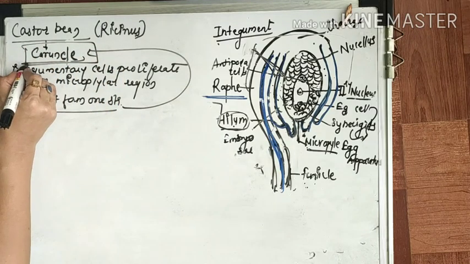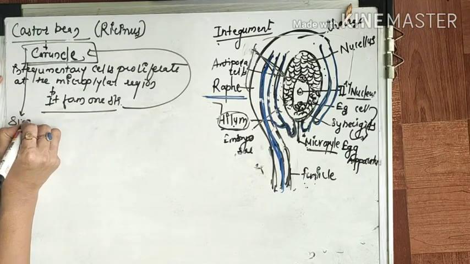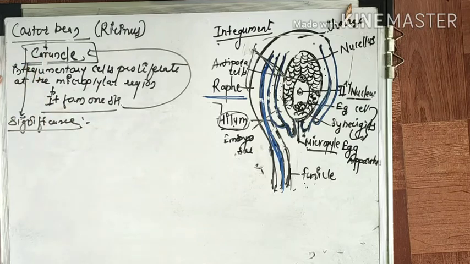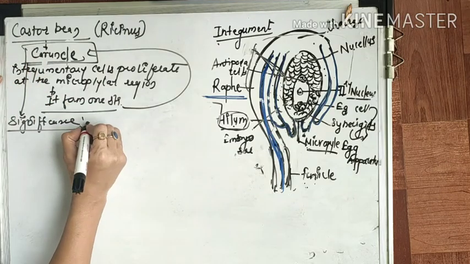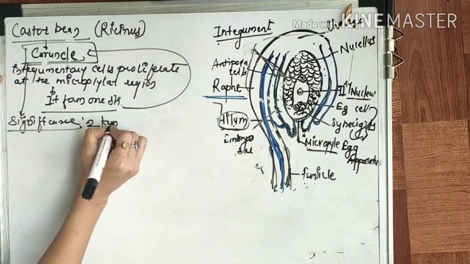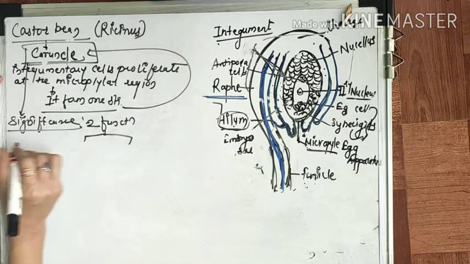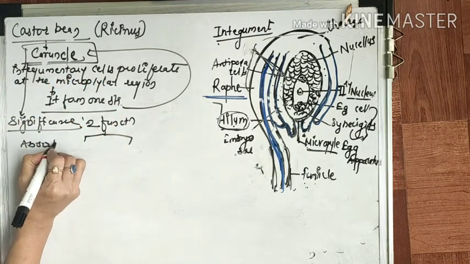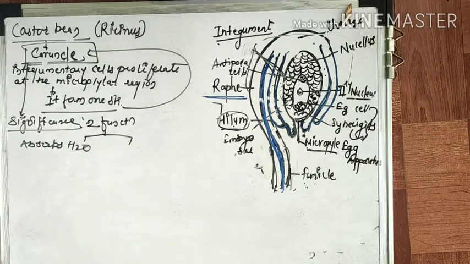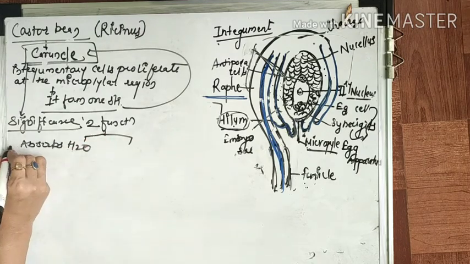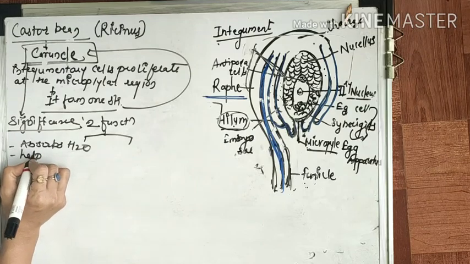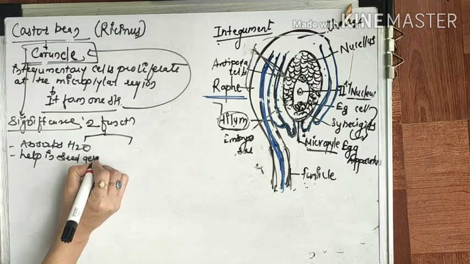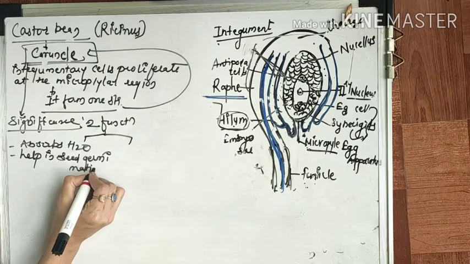Now, what is the function or significance of that, or what is the role of the caruncle? It performs two functions. First, it absorbs water and helps in seed germination.